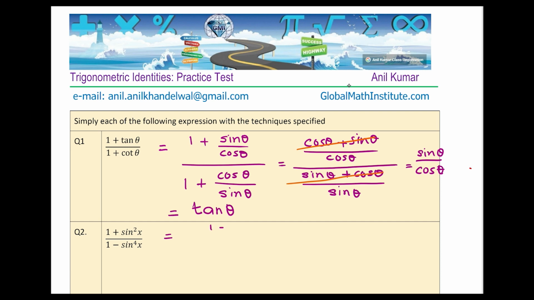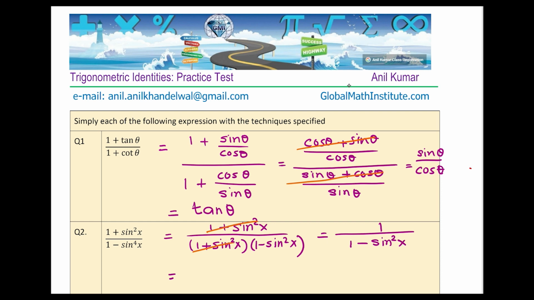So we have 1 plus sine square x in the numerator divided by 1 plus sine square x times 1 minus sine square x. You can cancel 1 plus sine square x. You get the term 1 divided by 1 minus sine square x.